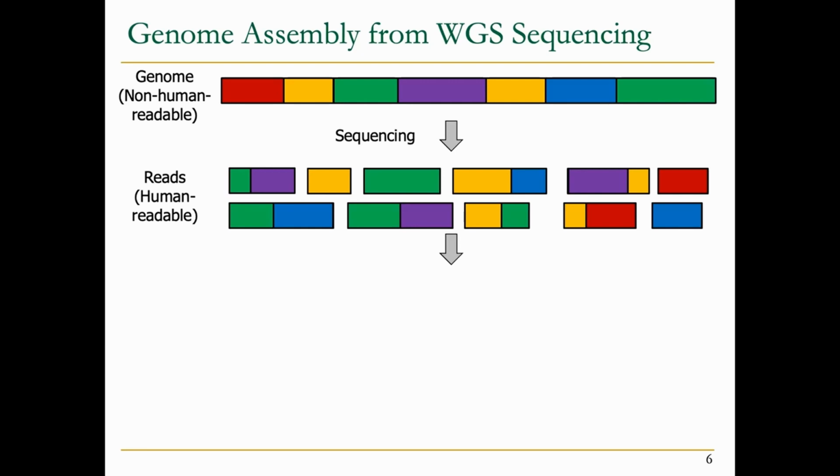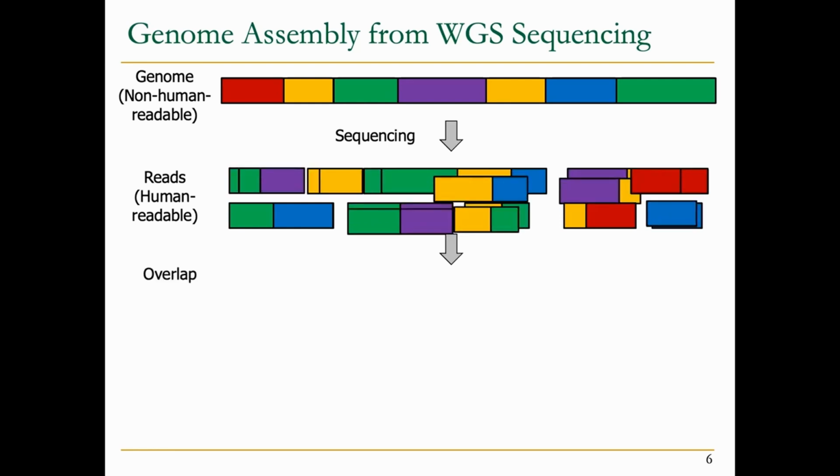In genome assembly, we don't map the reads to a reference genome because we assume there is no such reference genome, or we just want to construct a new assembly, which is called de novo assembly. To do that, the next step finds the overlap between all pairs of reads.